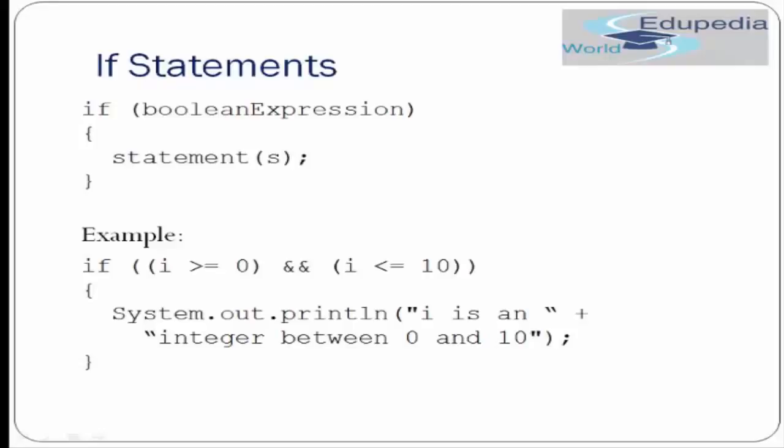I hope it's clear when the statement will get executed: you get the output that i is an integer between 0 and 10 only when i is greater than or equal to 0 and less than or equal to 10. So if i falls in the range of 0 to 10, which includes 0 and 10 also, then only it will get executed.